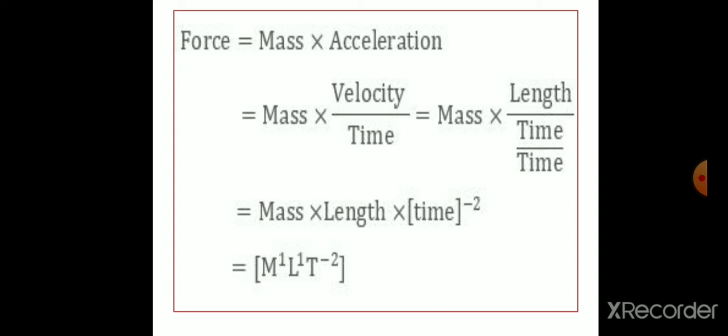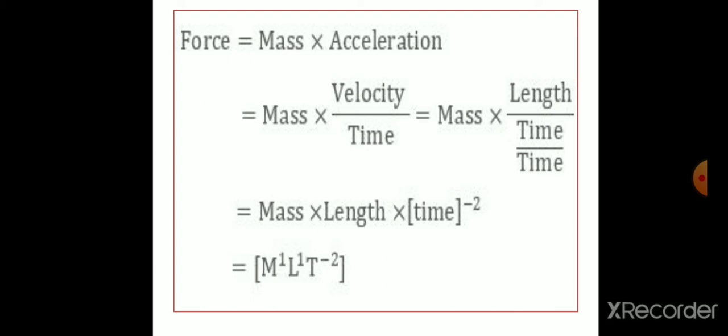Calculating the dimension of force, we know force is equivalent to mass into acceleration. Here mass is a fundamental quantity but acceleration is a derived quantity. So acceleration must be converted into fundamental quantities. So we are writing acceleration to be velocity by time.